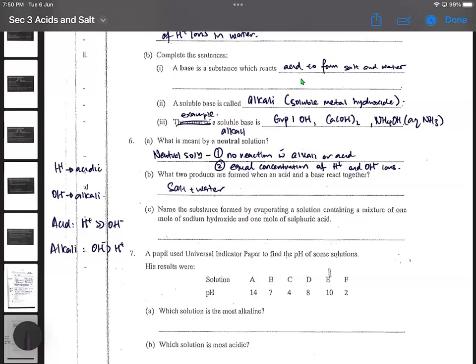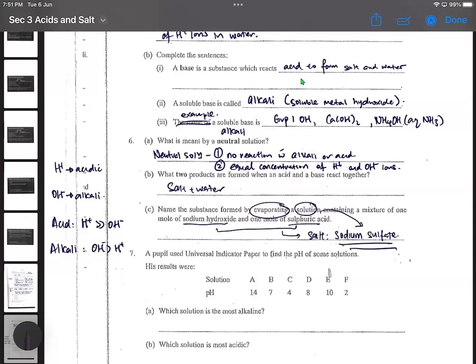Okay, so for part C, you can see that when these two react together, the salt that is formed is sodium sulfate. So under separation technique, if you evaporate a solution of sodium sulfate, the substance left behind will be the salt itself.